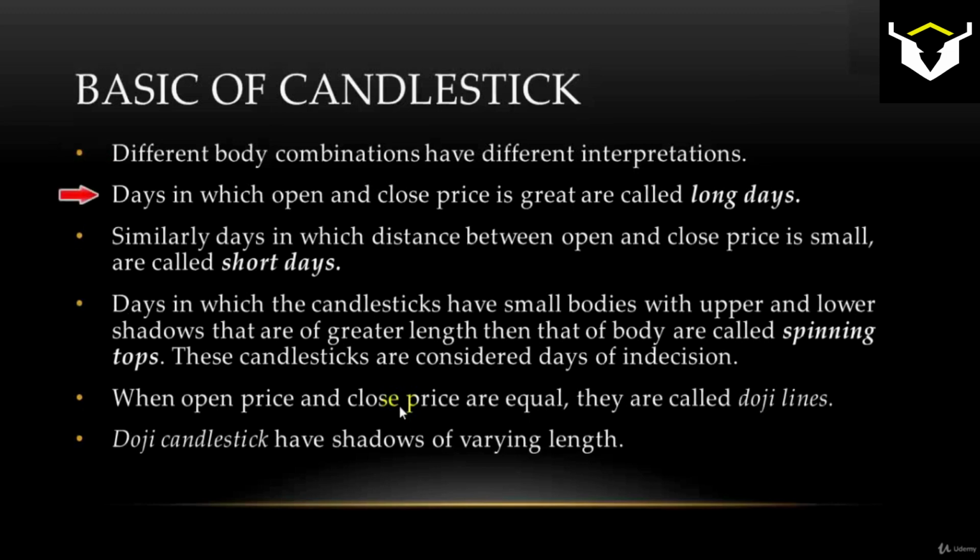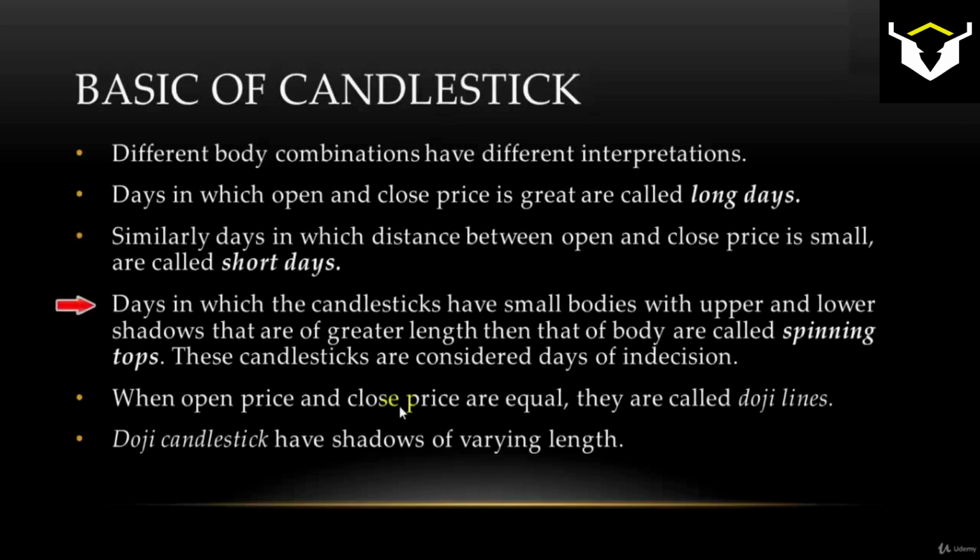Days in which the distance between open and close price is great are called long days. Similarly, days in which the distance between open and close price is small are called short days.